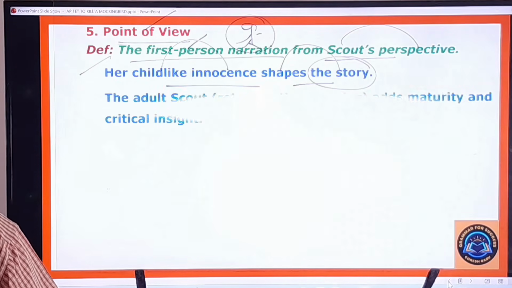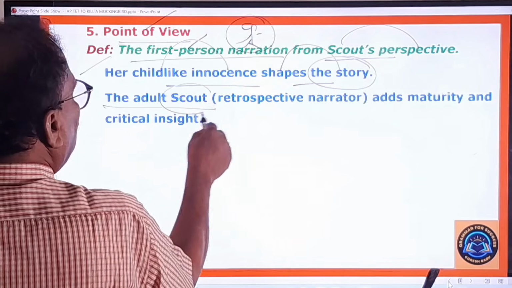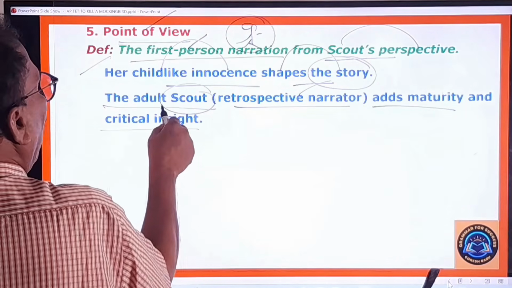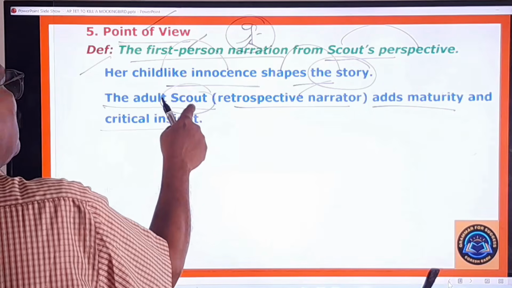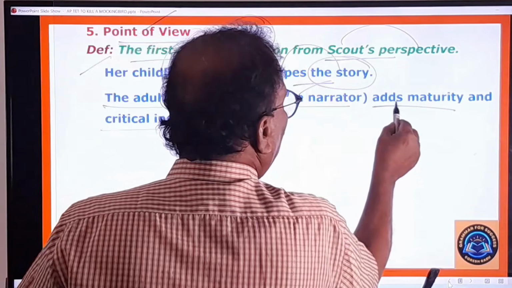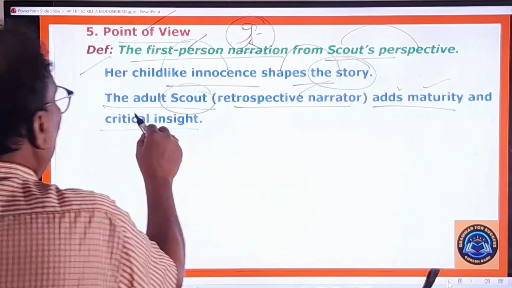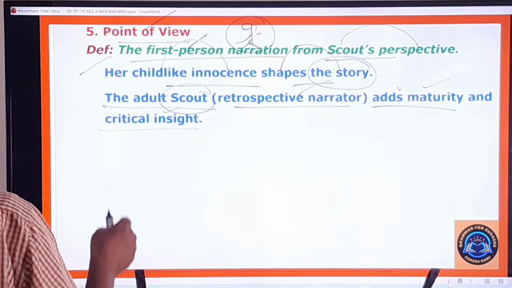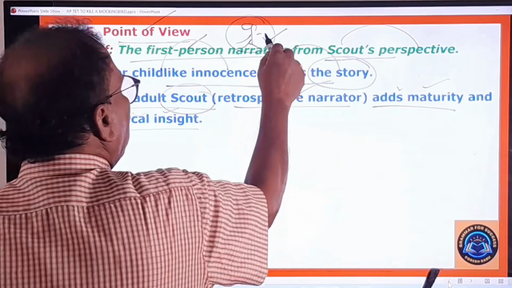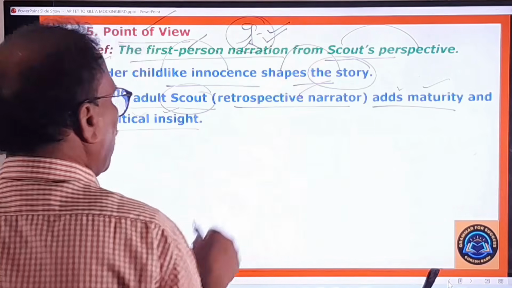And here the adult Scout, that means the retrospective narrator, adds maturity and critical insight. Adult Scout means when Scout Finch grows older, then that is called the retrospective narrator. Then it adds maturity and critical insight. That means the story of the first few chapters has been narrated by Scout Finch as a child.